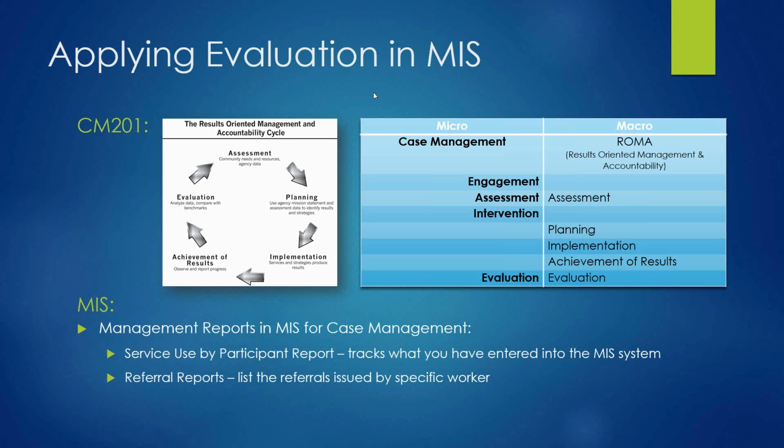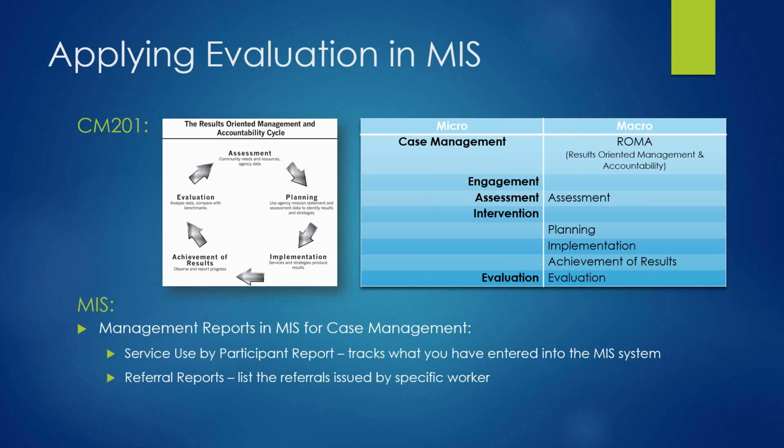All right, so now we're going to talk a little bit about ROMA. And ROMA is integrated into the MIS system as well. So this is very interrelated with both case management and the MIS. ROMA is our results-oriented management and accountability framework. You can see on the screen there's the ROMA cycle, which has 5 stages to it.